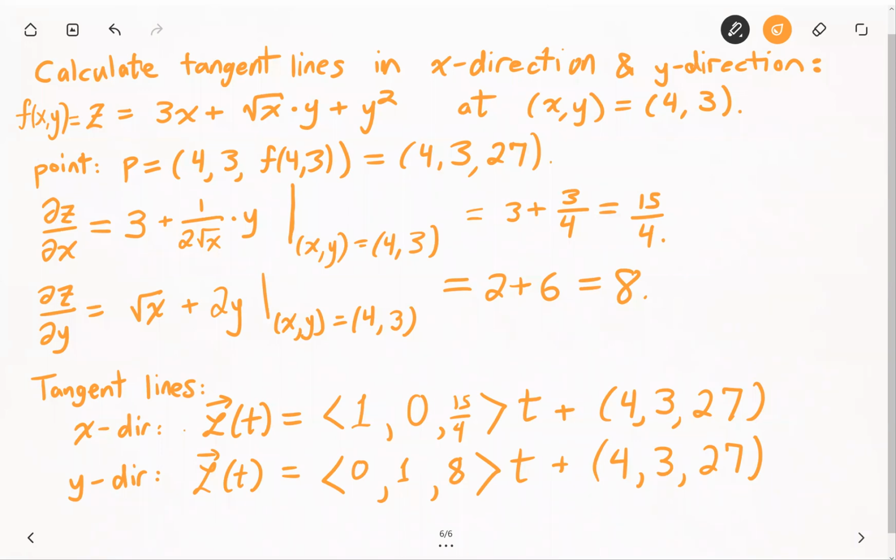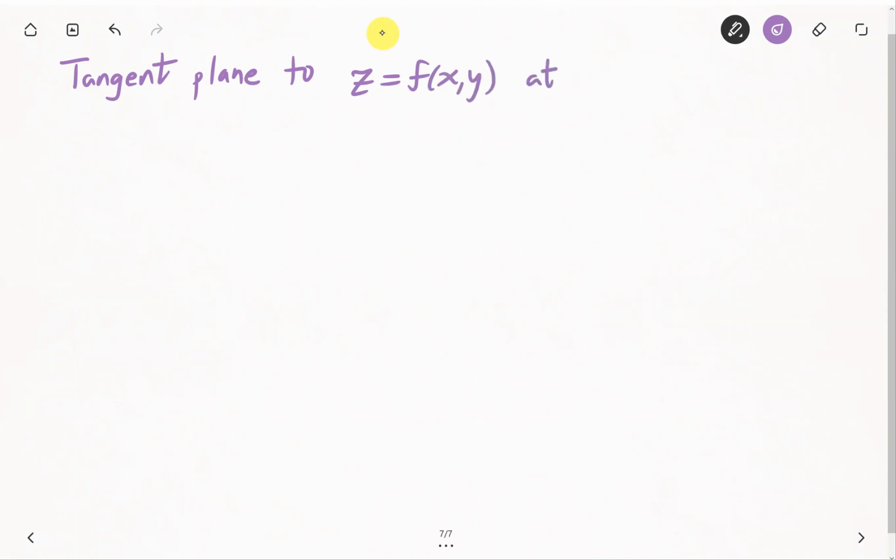So next, I would like to talk about tangent planes to a surface at a given point. Let me go ahead and switch colors. So the tangent plane to a surface z equals f of x comma y at a given point, so this is x comma y equal to some constants.